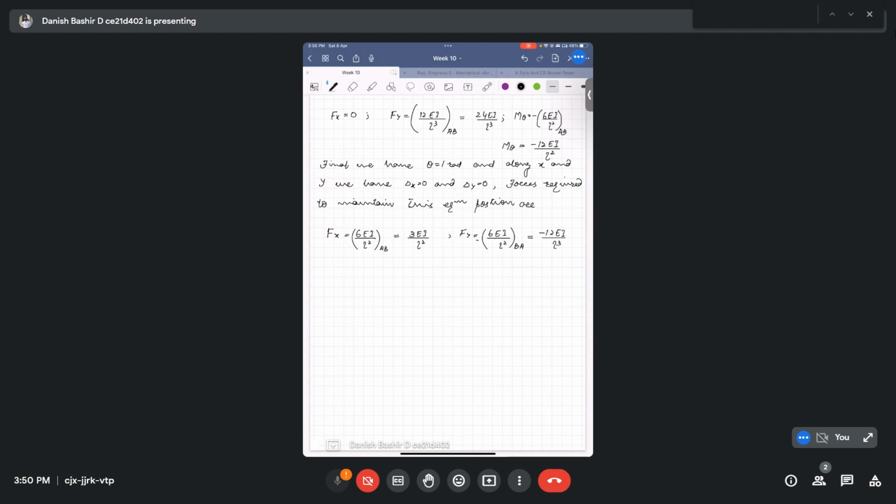And m theta will be the summation of the two, one for BC and BA. One will be 4 EI by L, that will be for BA or AB, plus 4 EI by L, and sorry, it will be for BC.